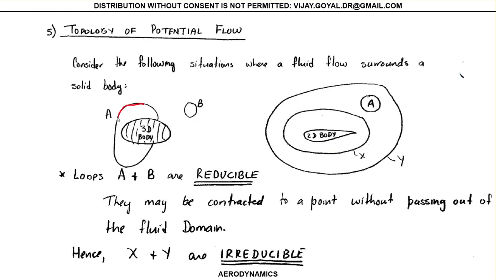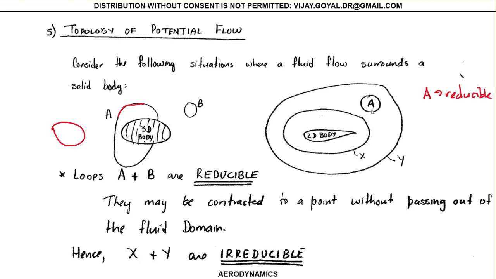How about this point? Really, the body is here, but it's possible to reduce that to a point. I can have a point, and then I can have my body there. It's right by the body, but it doesn't go through the body. So that means it is reducible. Now let's consider this other case, two cases. In this case, my loop A is reducible. Why is it reducible?